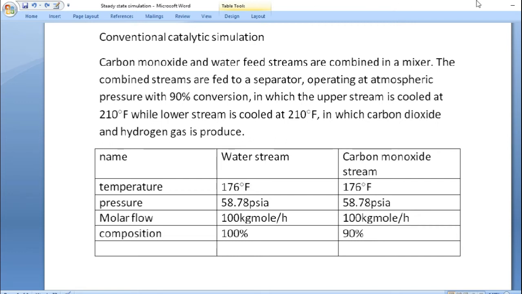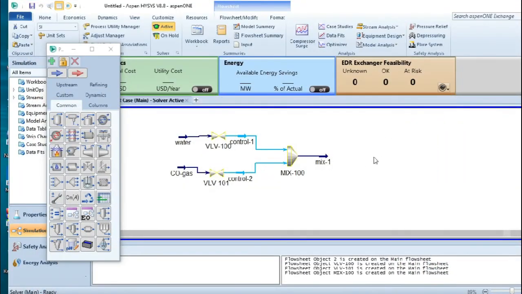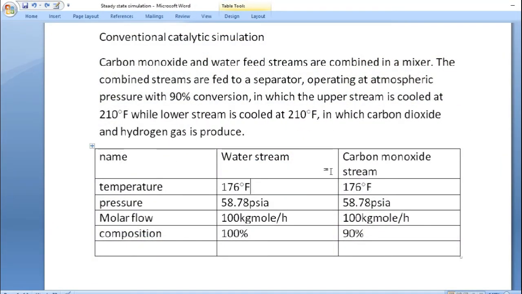So let's go and introduce our separators.